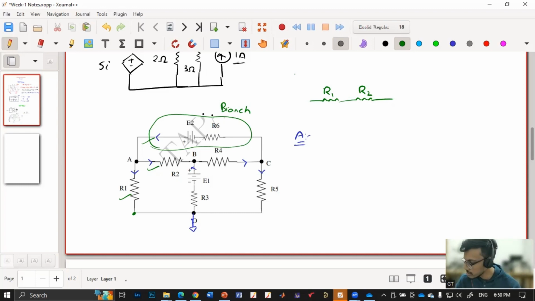What I mean to say is, let me use a different color, say pink color. Say this is a loop. Okay, so I'm starting at A and I am reaching A again, but I'm only touching A, like I'm starting at A and I'm reaching A. In between, I'm not touching A.